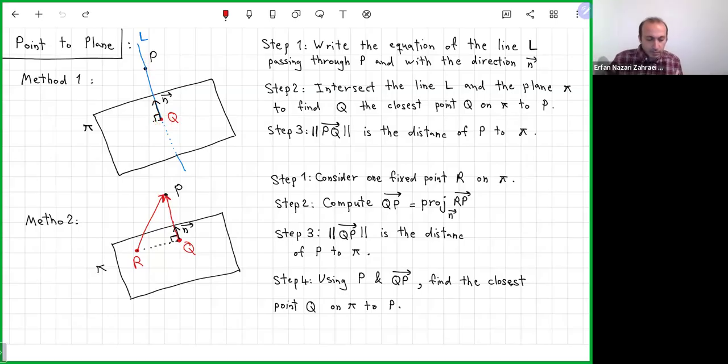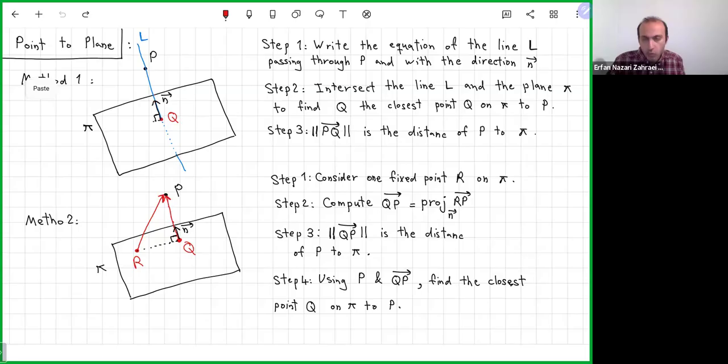That's one method. Another method, again, use orthogonal projection. Instead of considering the line, consider just one fixed point R on the plane, not necessarily the closest point. Then I connect this point to this point P, and I have this vector, which is not necessarily giving me the distance because R is not the closest point.